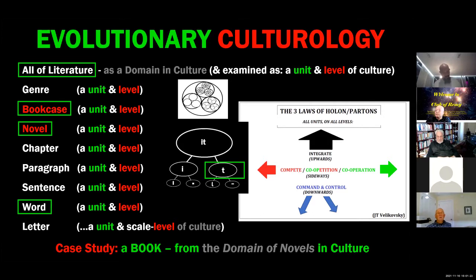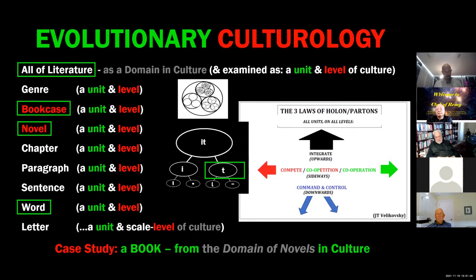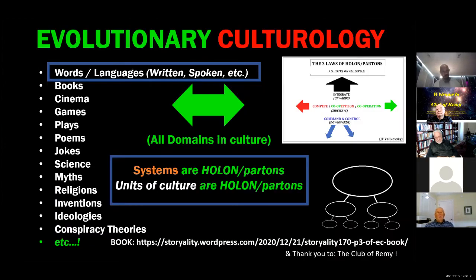And so the average novel on Amazon has 67,000 words in it. So when you hold a novel, you've got one unit of culture in your hand, which is one novel, Harry Potter and the Philosopher's Stone or whatever it may be. But at the level of words, it actually contains perhaps 100,000 units. So many units in one within these three laws of whole-on partons. And then these are a dozen examples of different domains to which these same units, levels, and laws apply.